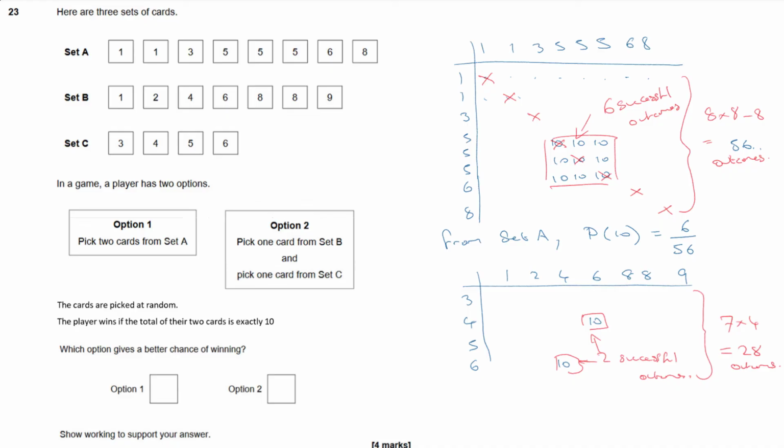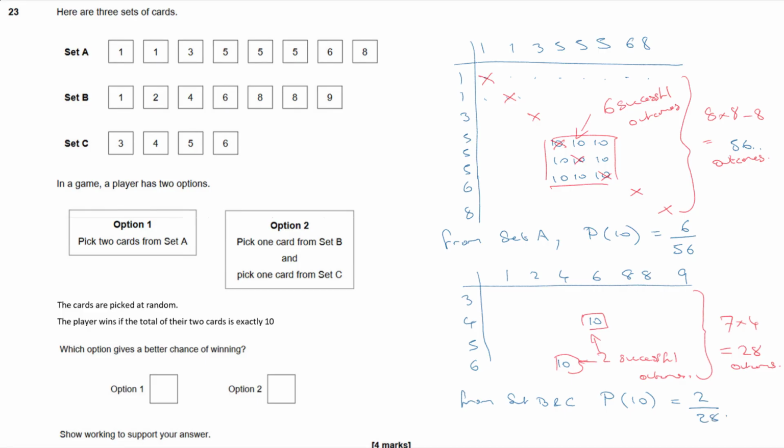Okay, so that would give me for set B. So from set B and C, then the probability of getting a 10 is equal to those 2 successful outcomes out of a total of 28 outcomes.